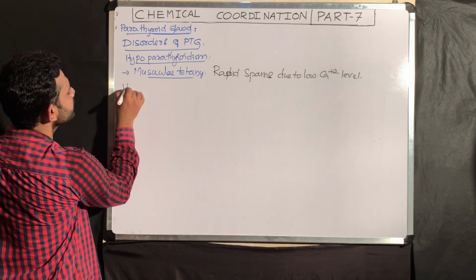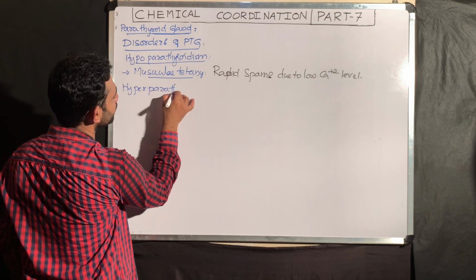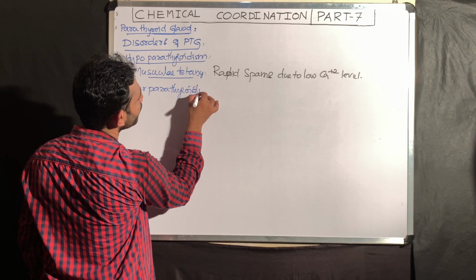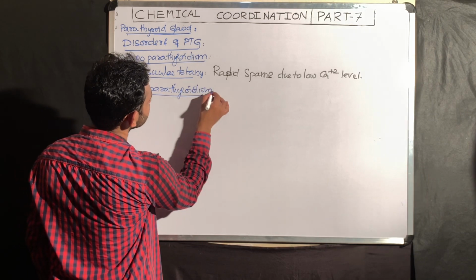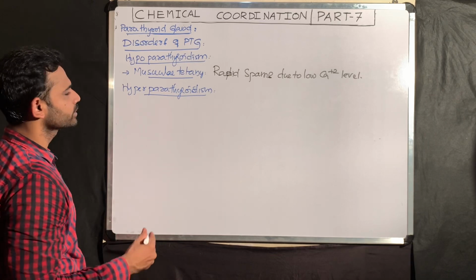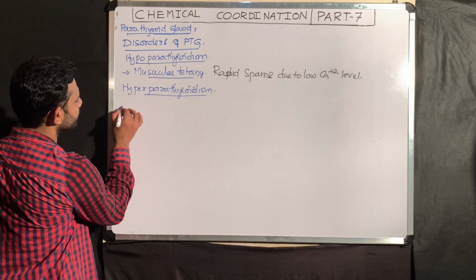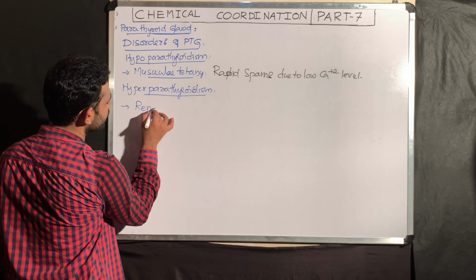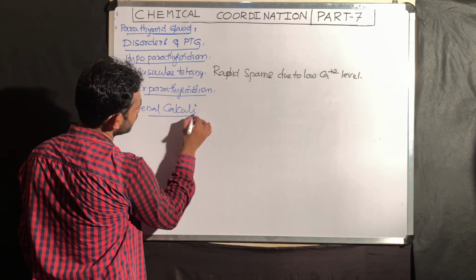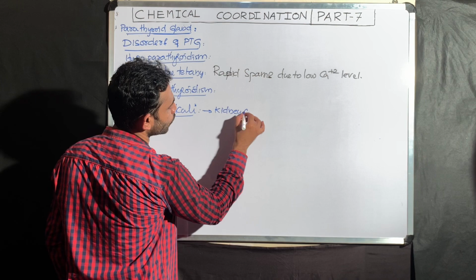The next one is hyperparathyroidism. What is the meaning of hyperparathyroidism? Excess synthesis of parathyroid hormone. When there is excess production, the blood calcium level will increase. The first result is renal calculi, that is, formation of kidney stones.